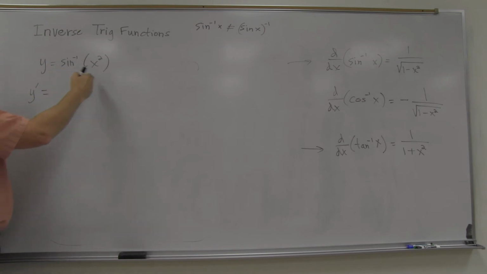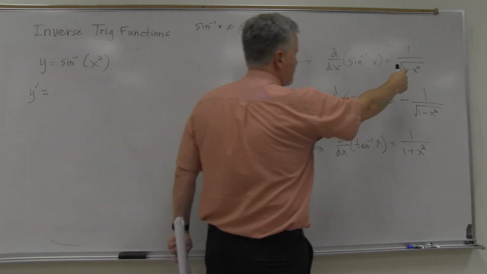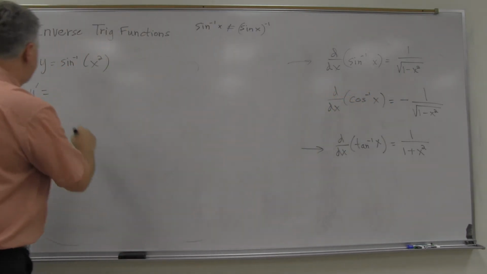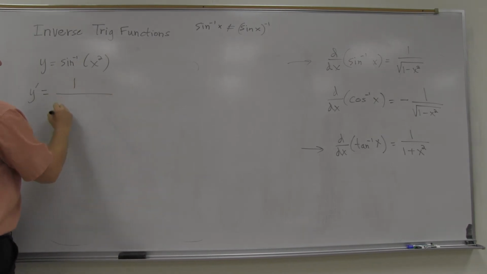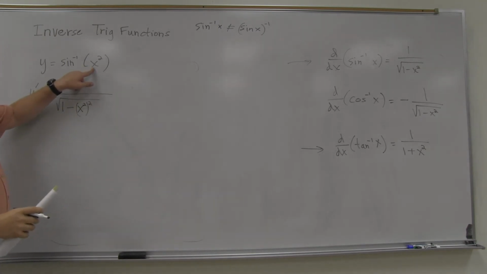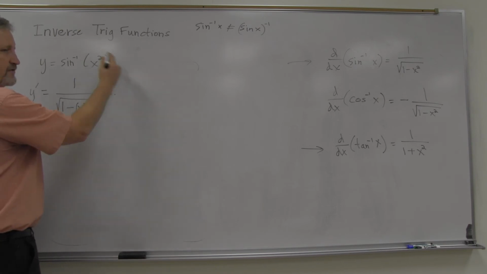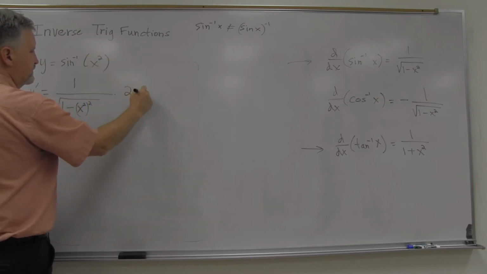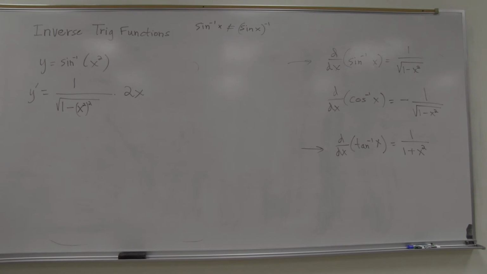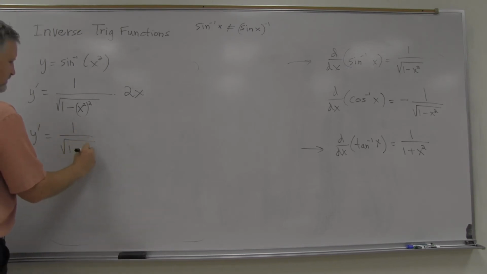So the outside is the sine inverse, so it's that. However, what's my x here? x squared. So you've got to square x squared here. So instead of x, I've got x squared, so you've got to square that. So it'll be x to the 4th. And then we've also got to factor in the derivative of the inside, which is 2x. So it's just stuff like that you've got to look for.